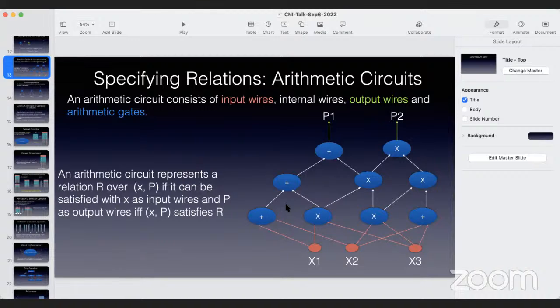Second, you need a lot of gates because you're only allowed addition and multiplication.